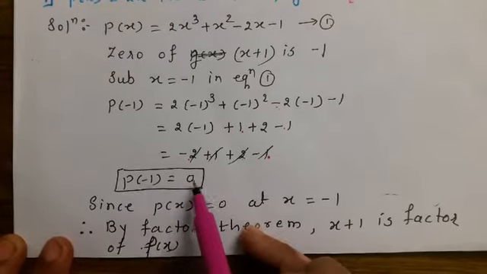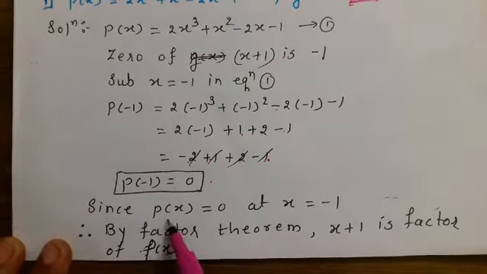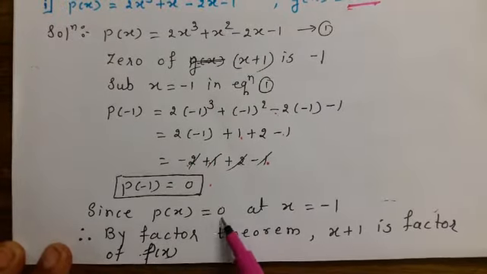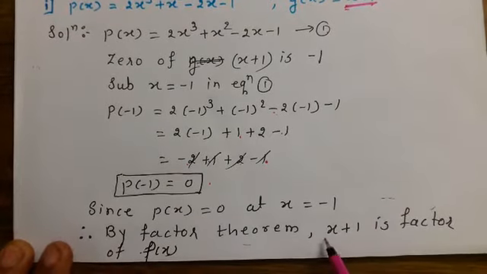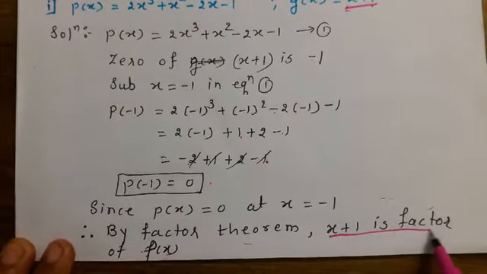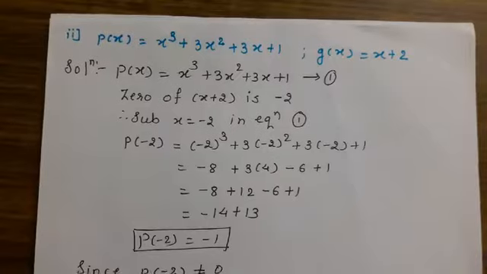Since p of minus 1 is equal to 0, we can say that p of x is 0 at x is equal to minus 1. Therefore, by the factor theorem, x plus 1 is a factor of the given polynomial p of x.